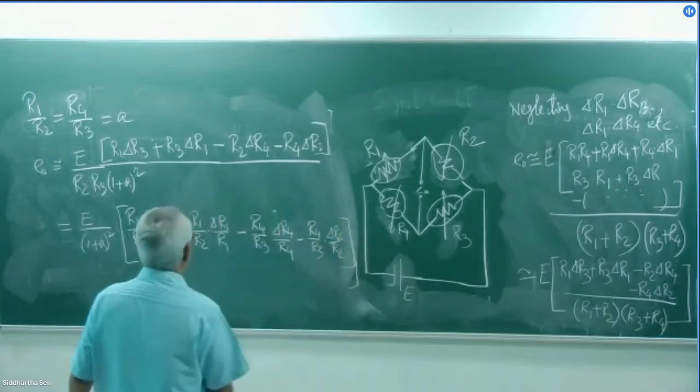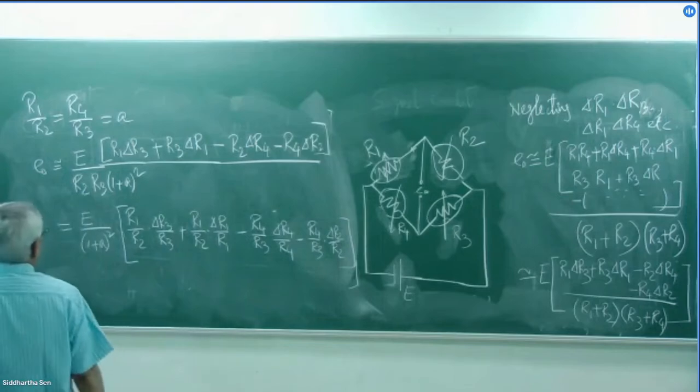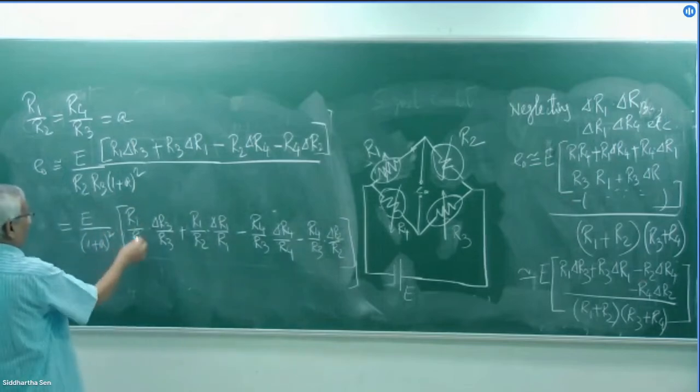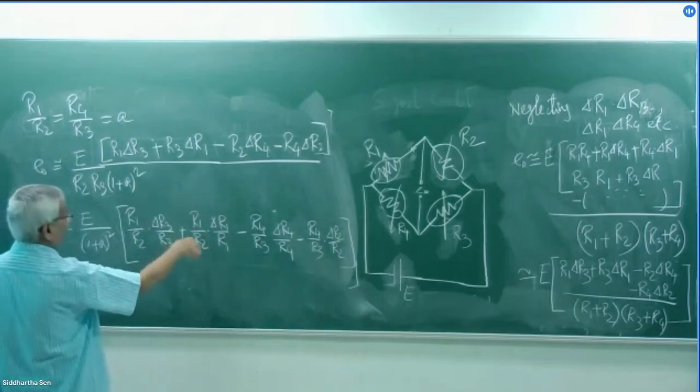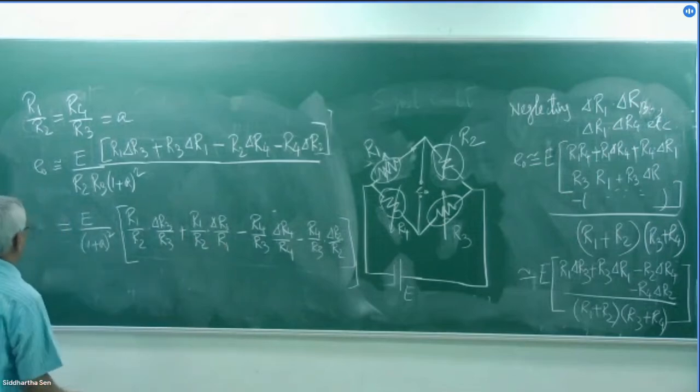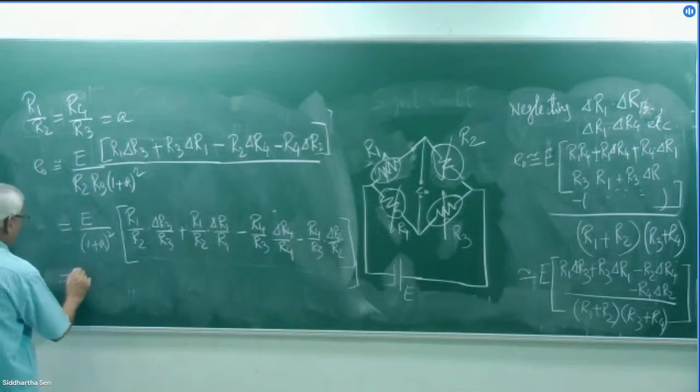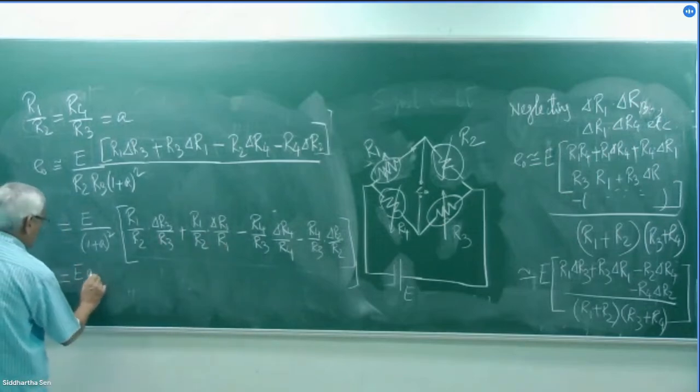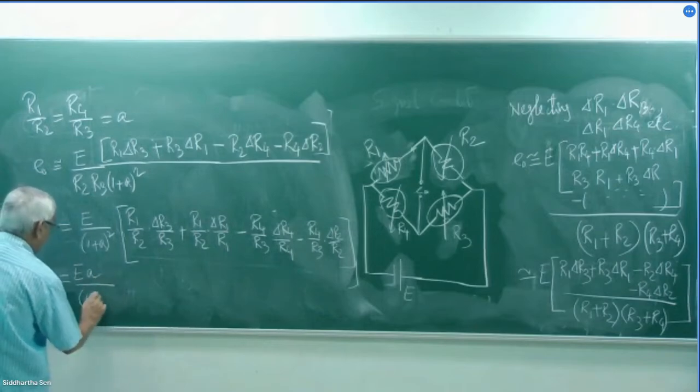So I get a very nice expression, and since we know R1 by R2 is equal to R4 by R3 is equal to A, I can write it down as E into A divided by 1 plus A whole square.